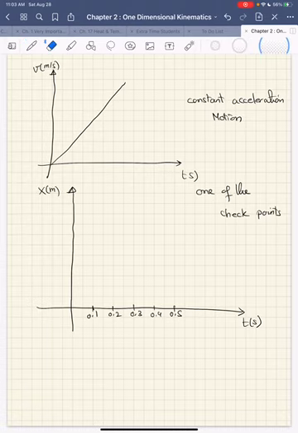Let's assume that my object is going to have this type of motion.